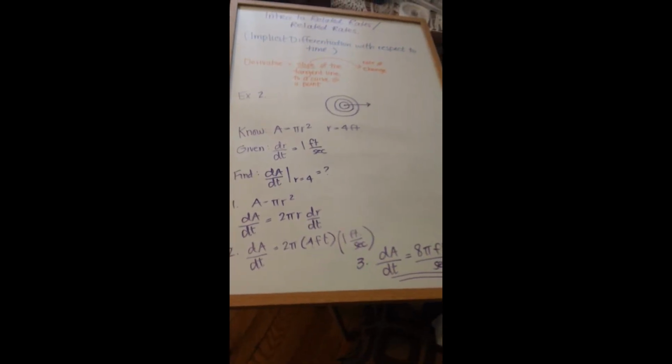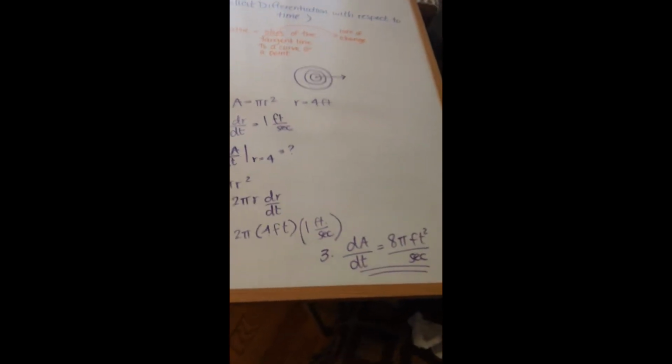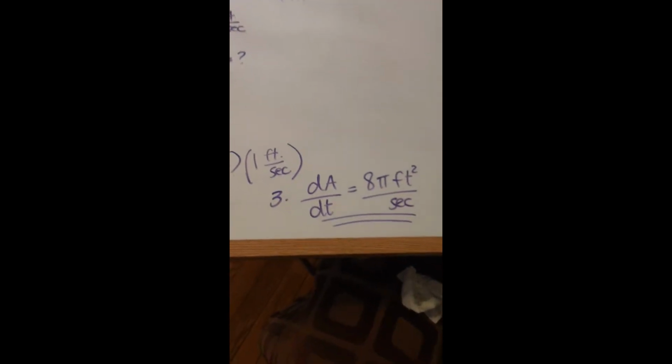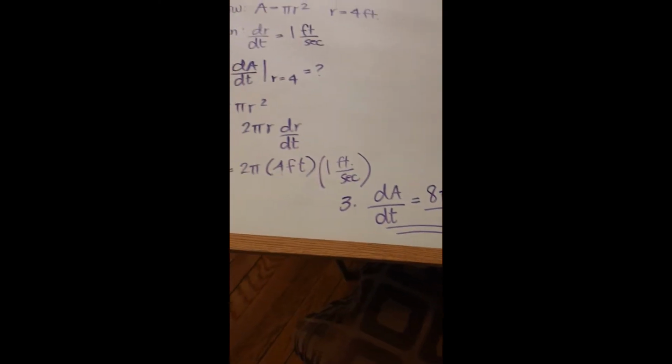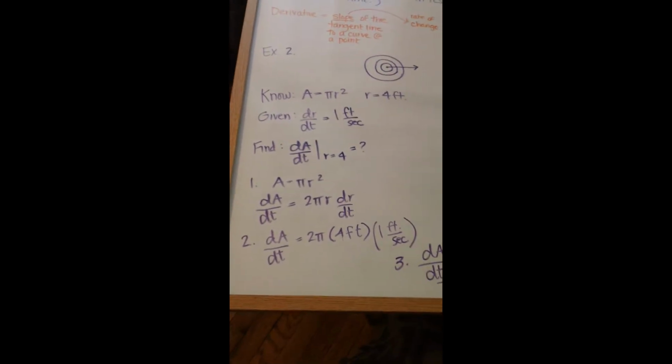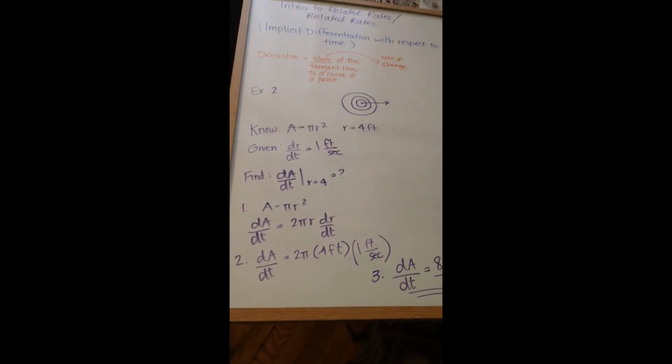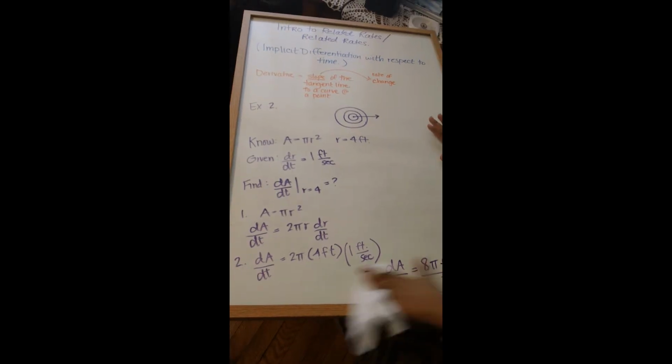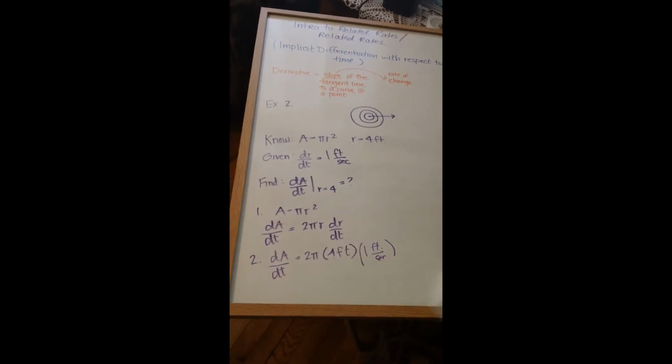Example 3. Air is being pumped into a spherical balloon at a rate of 800 cubic centimeters per minute. How fast is the radius of the balloon changing at the instant the radius is 30 centimeters? So let's draw a diagram for that one.